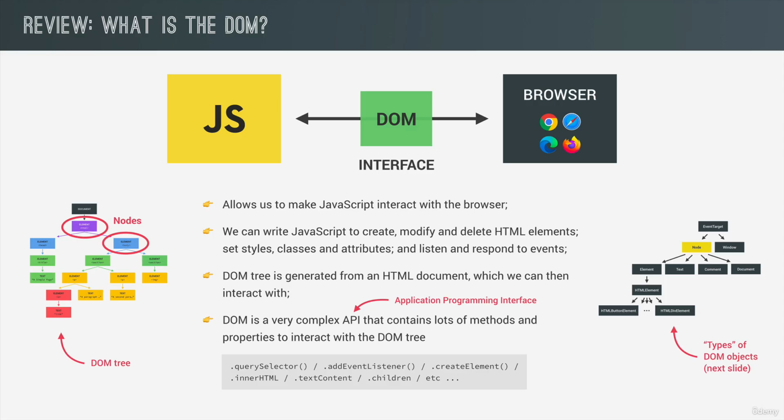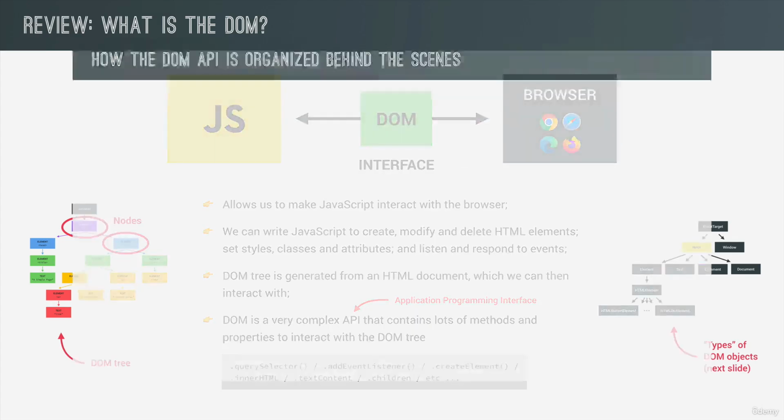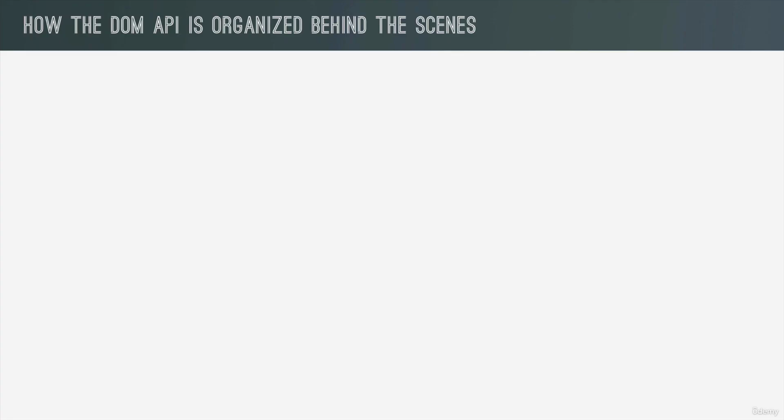For example, some nodes are HTML elements, but others are just text. Remember? And this is really important to understand because all these DOM methods and properties are organized into these different types of objects. And so let's now take a look at how the DOM API is organized behind the scenes.